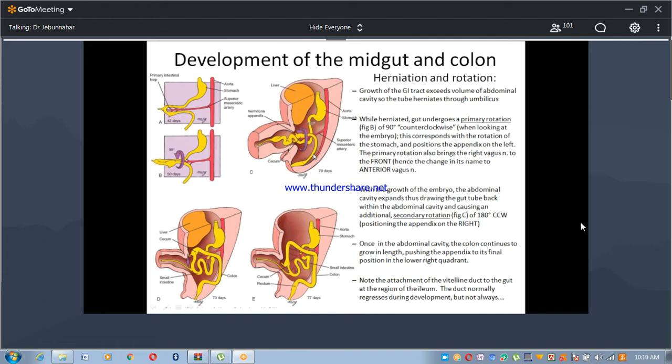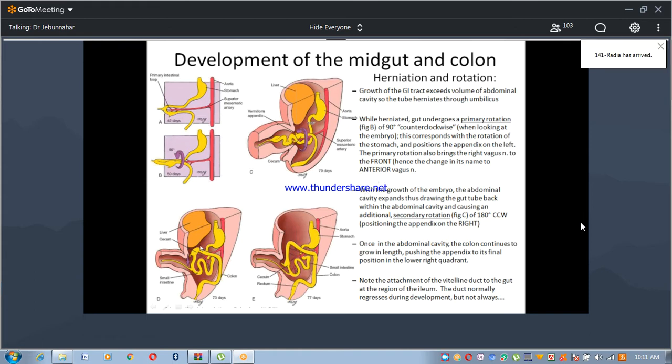This is the primary rotation. It corresponds with the rotation of the stomach and positions the appendix on the left. So at first, due to counterclockwise rotation, the appendix takes the left position. The primary rotation also brings the right vagus nerve to the front, so the right vagus nerve is sometimes called the anterior vagus nerve.